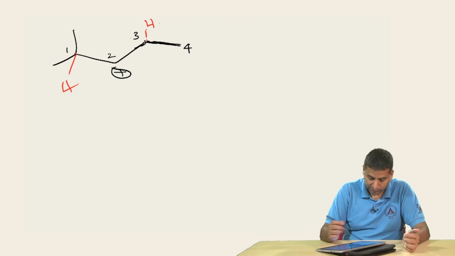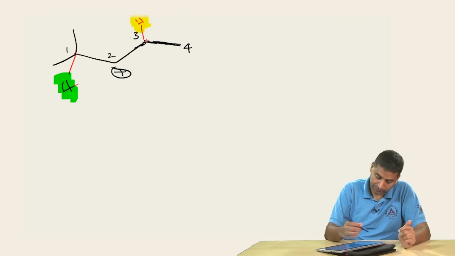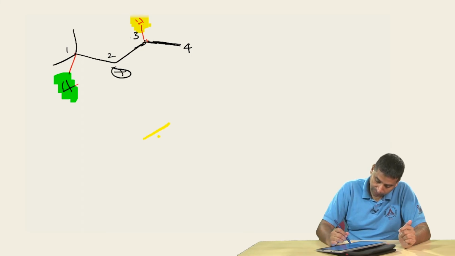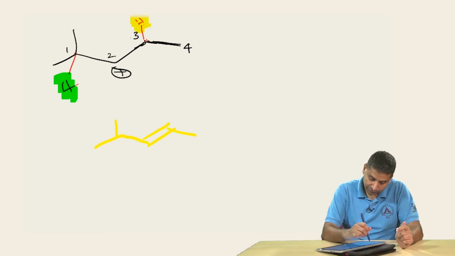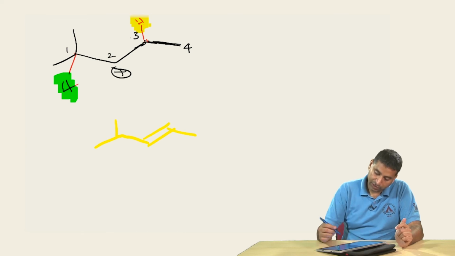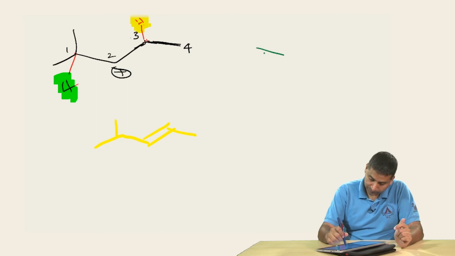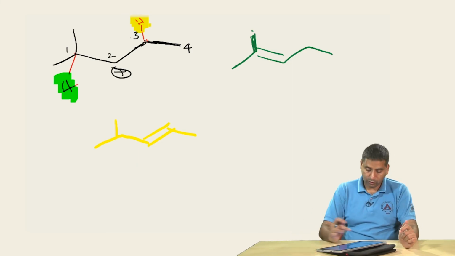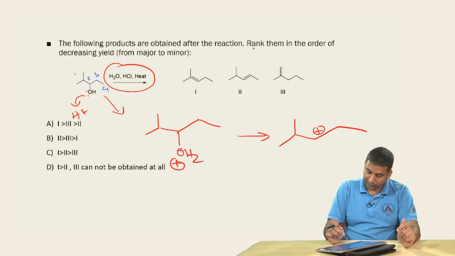So, there are two possibilities over here. I am giving it two different colors. The yellow color is for the hydrogen 3 undergoing elimination. So, you will get the following product, and if the green one undergoes elimination, then you will end up with this product. And so, these are two potential products that we can see.